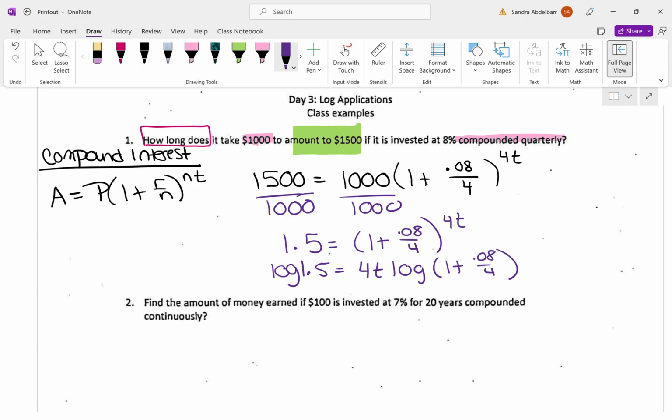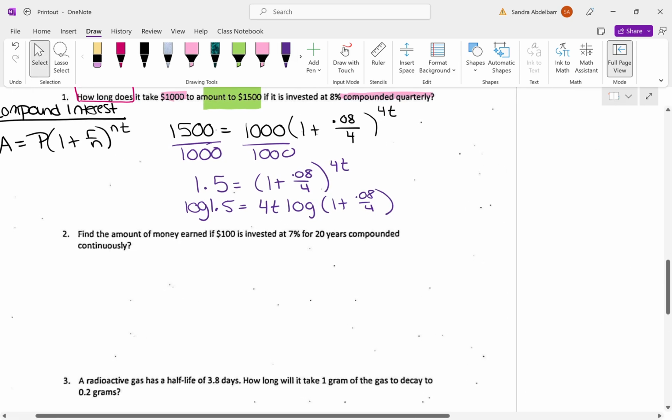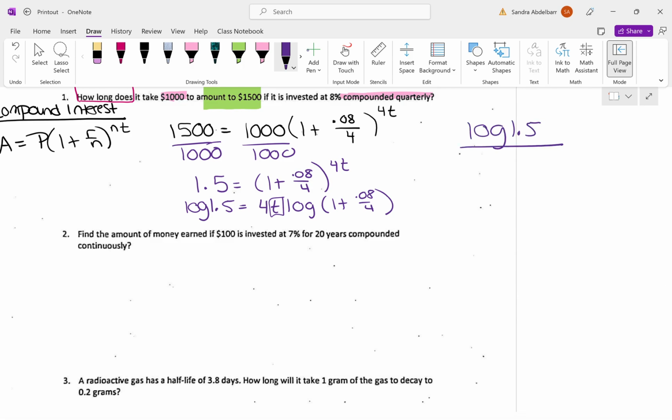I don't really care. So now I'm solving for t. In order to solve for t, I need to get it by itself. So I'm going to take log 1.5 and divide it by 4 log quantity of 1 plus 0.08 over 4. And then I would just type that whole thing into my calculator.